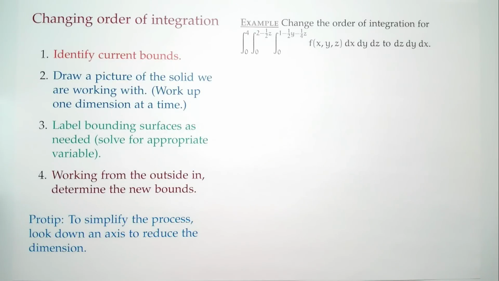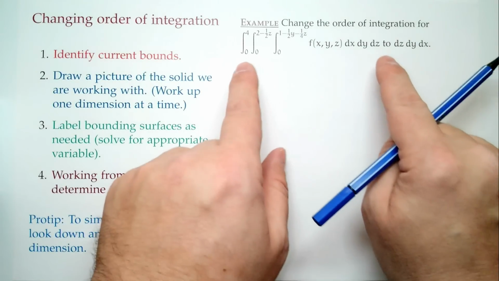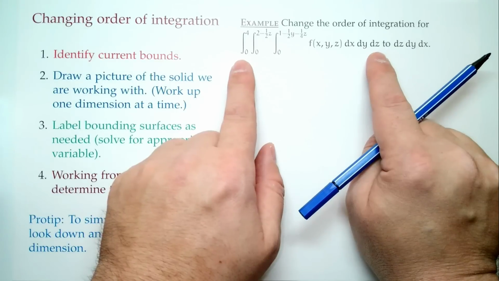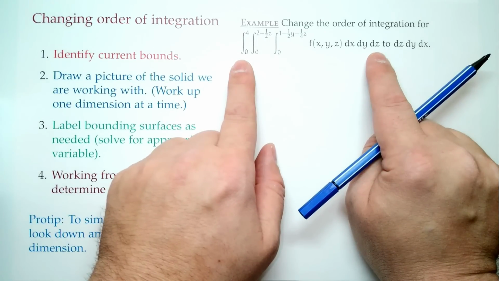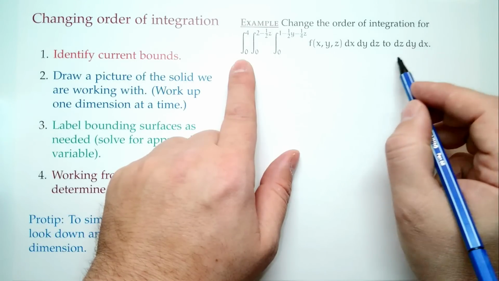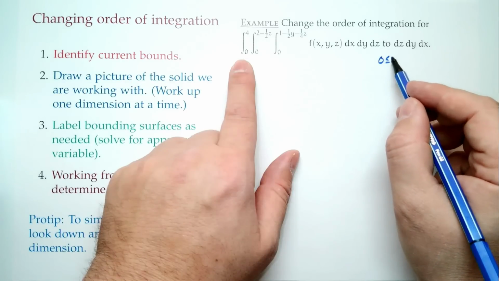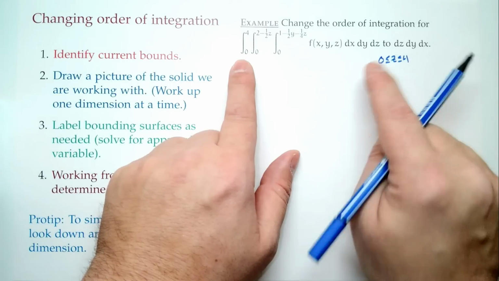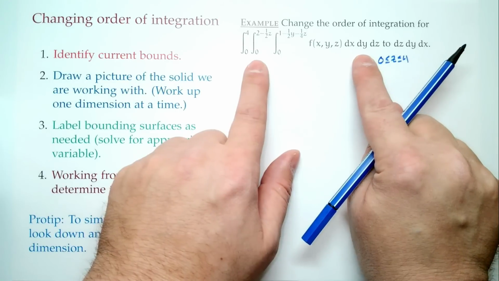Well, let's start by understanding what's going on. So what does this outer integral tell us? Z goes from 0 to 4. So the outer integral tells us z goes from 0 up to 4. What does the next layer tell us?